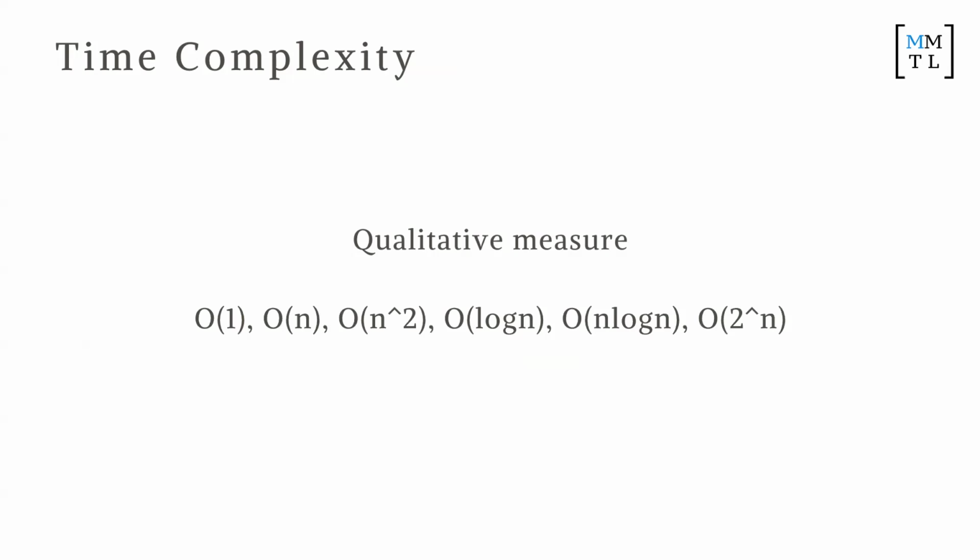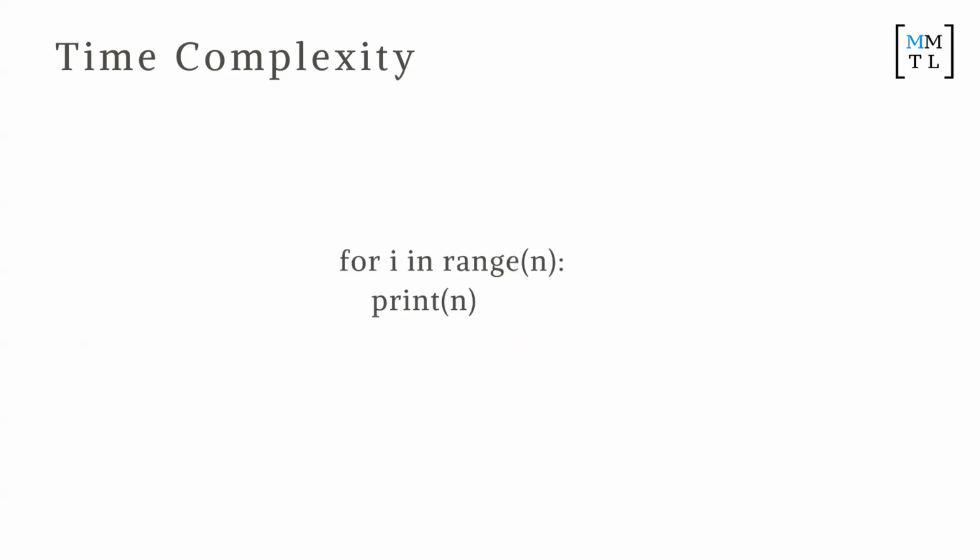O(1) is really quick. O(n) is the length of the list, for example. O(n squared) is that squared. O(log n) usually means you've divided the problem into something, so it's logging down, like the log of 2 to the power of something. And the worst case is exponential, which is 2 to the power of n. So as it gets longer, it gets exponentially worse.